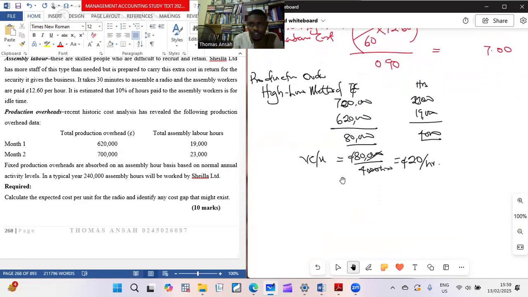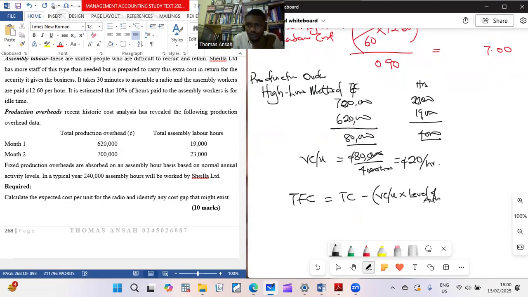So basically that is that. So if I pick any of them, I will know total cost. So we said total fixed cost will be equal to total cost minus, in bracket, variable cost per unit multiplied by level of activity. All right, so if I look here, for example, I can pick 700,000 minus, in bracket, 20 per hour variable cost multiplied by 23,000 hours.